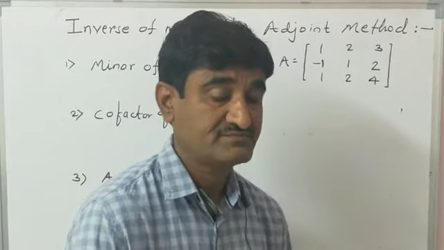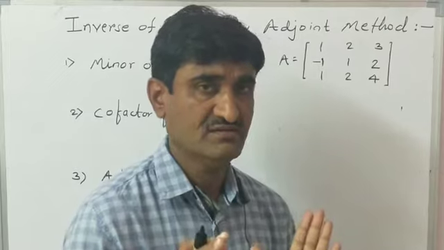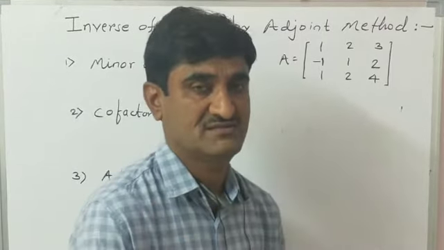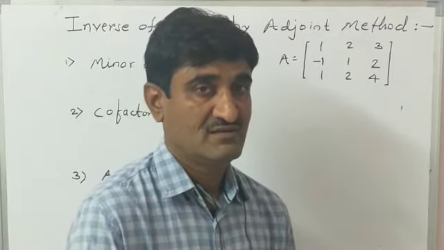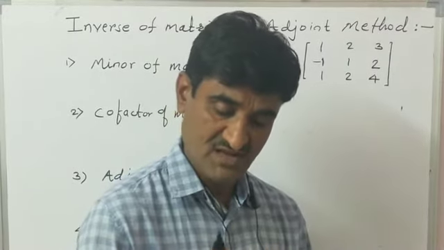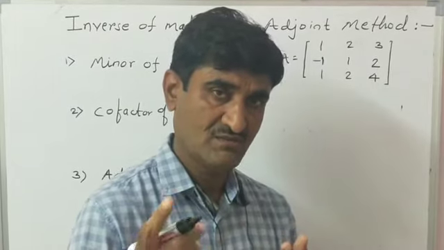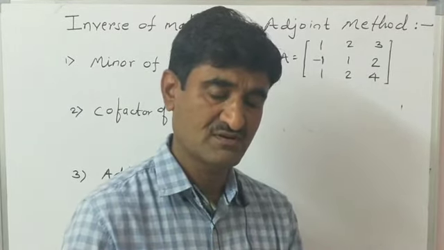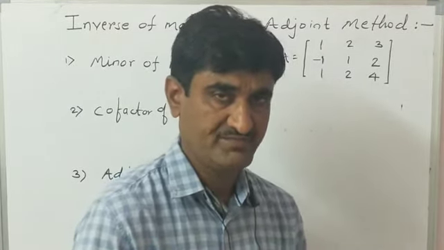Now listen, in finding cofactors we multiply by the coefficient, and the coefficient is -1 to the power of the row number plus the column number.